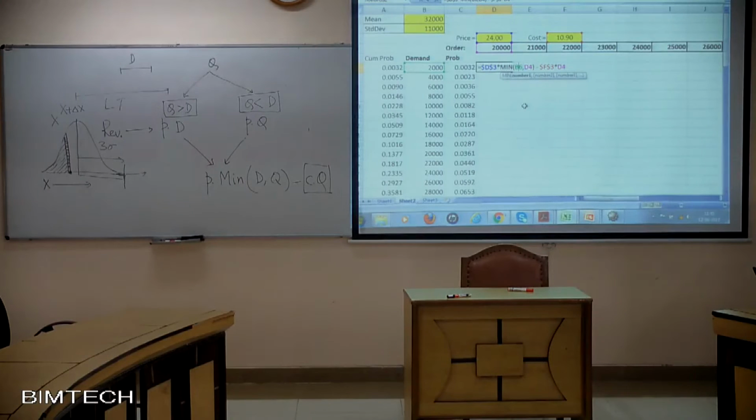Okay, so B6 must become B7 and then B8 and B9 and so on. But as I drag the formula across, the B must not change, which means the demand column has to be protected. So for column protection, I give a dollar sign before B, but no dollar sign before 6.